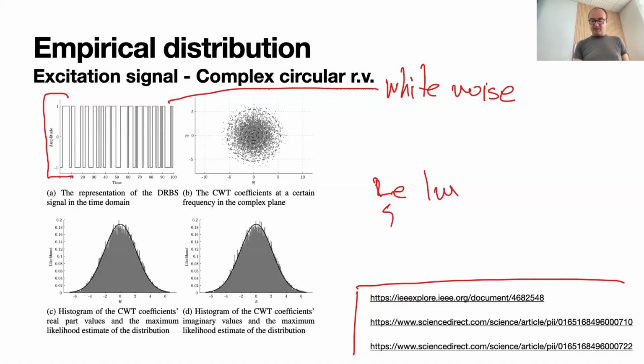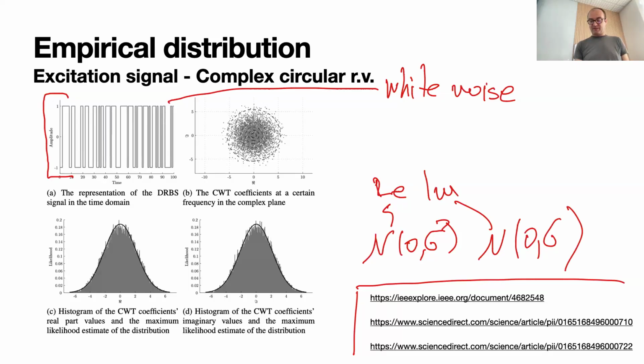The real component is distributed by a Gaussian distribution with zero mean and some variance. And the imaginary component is also zero mean and some variance.